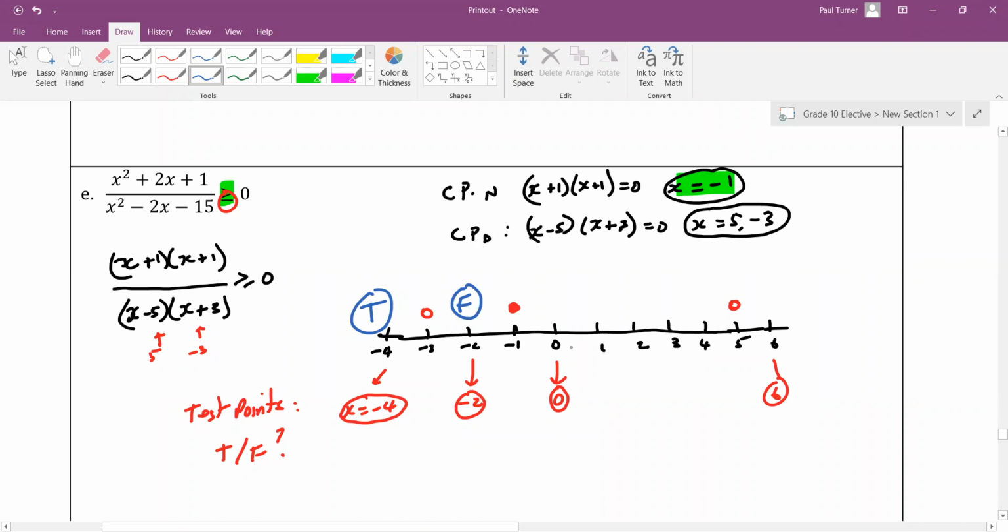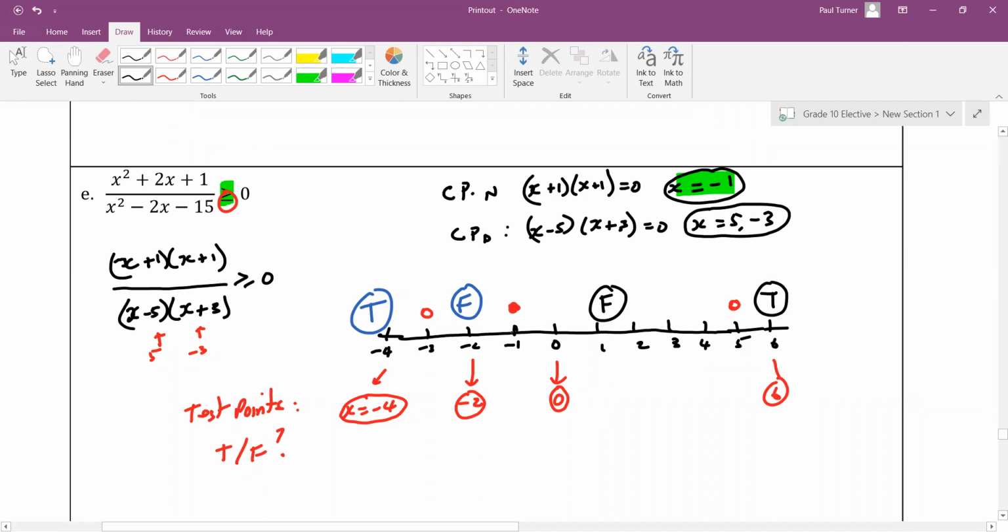And if you try 0, this is going to be false in here as well. So I should write false, I guess. So put false here. And it's false everywhere. And on the other side, this will be true.